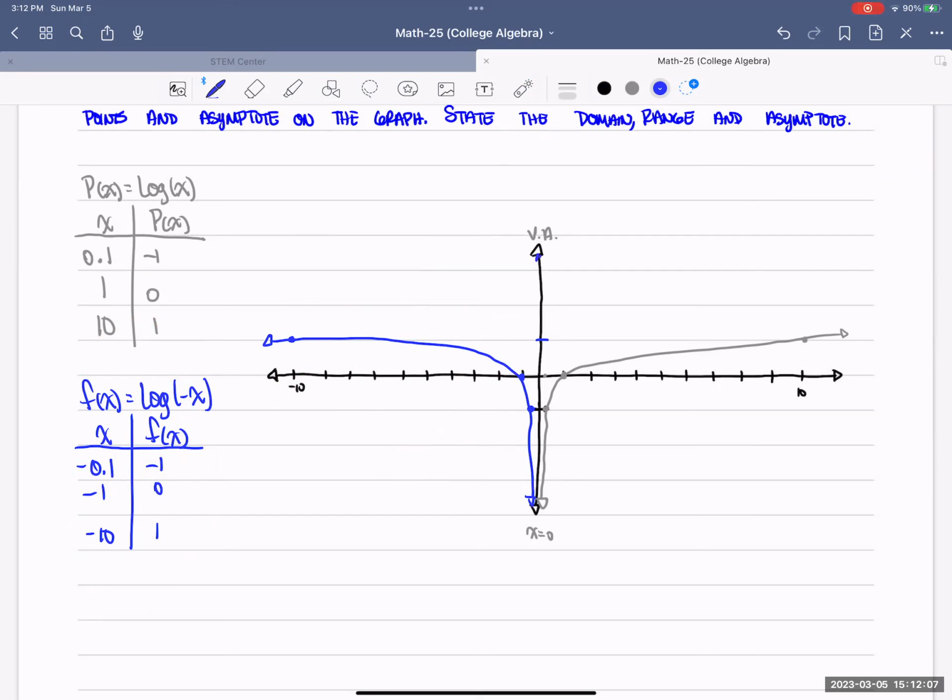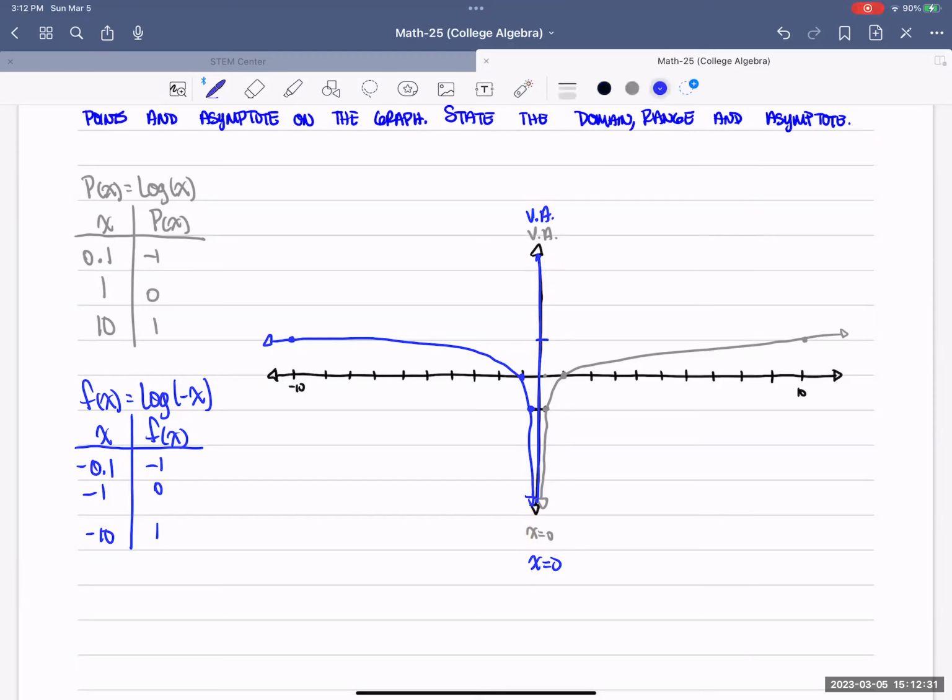And our vertical asymptote is still the same, x equals 0, because we didn't move left or right. We just did a reflection about the line x equals 0, or the y-axis.